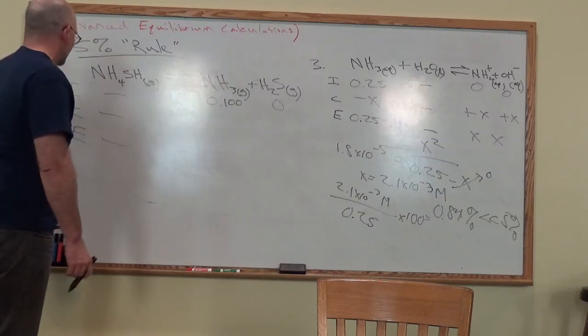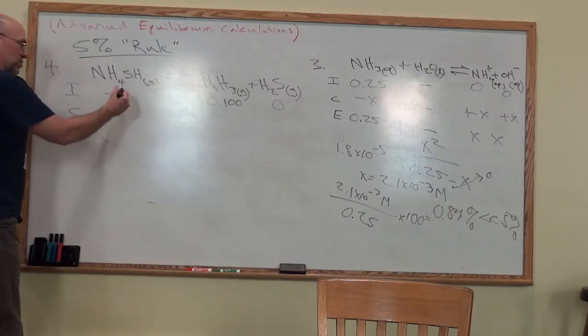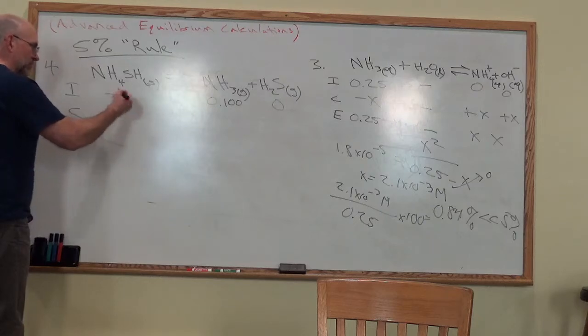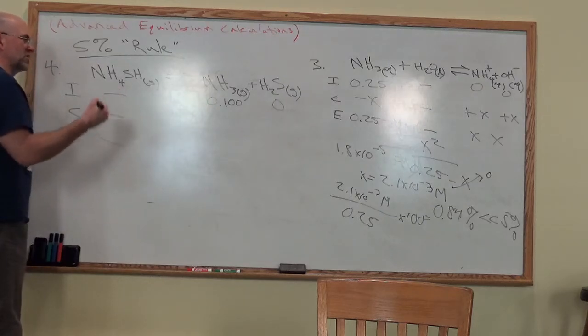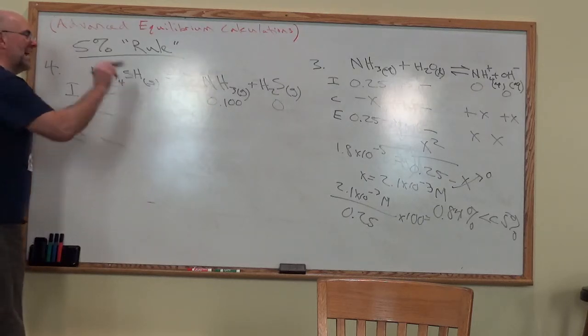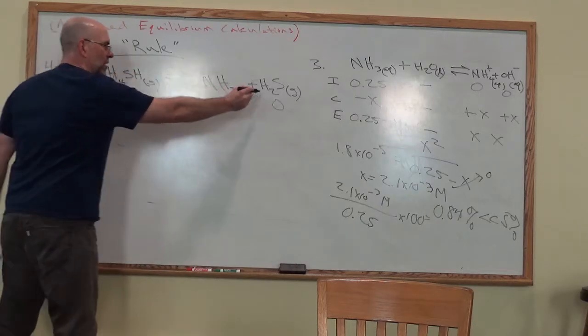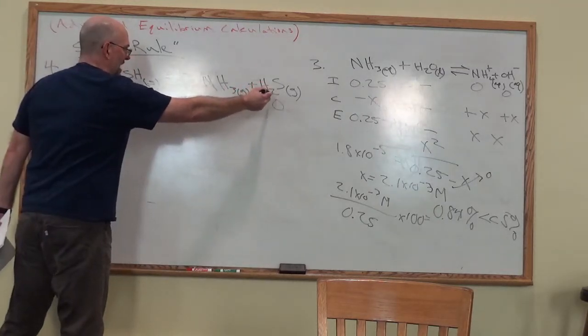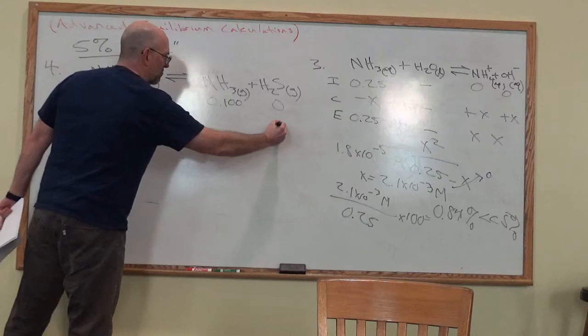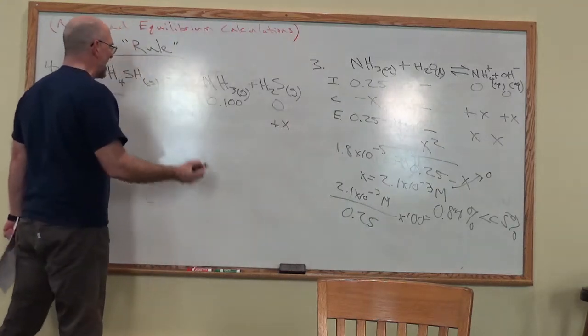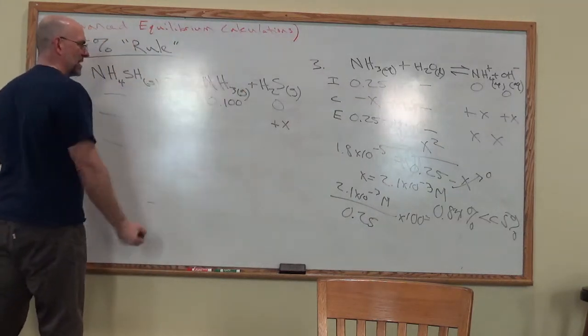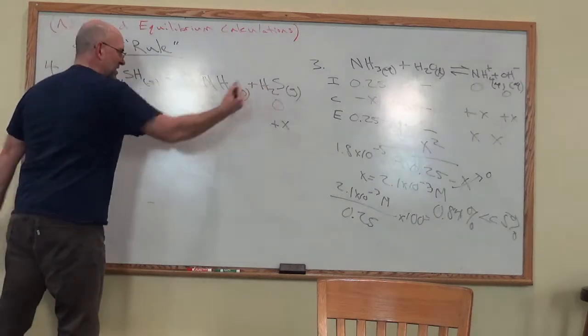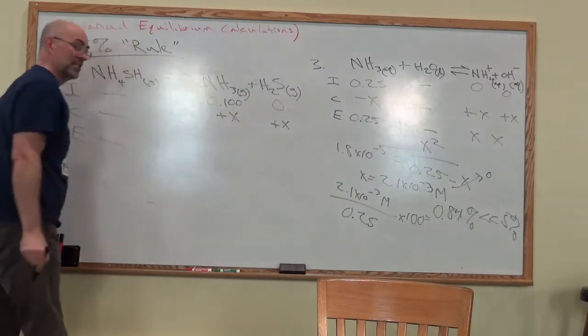So what's our x have to be? Normally we would just want to go minus x, but we don't start with anything here. Which direction does this reaction have to go? It has to go that direction. We have to produce some H2S, so this has to go up by some amount. That means some of this has to decompose to make it. But if that's going to go up, this has to go up too.